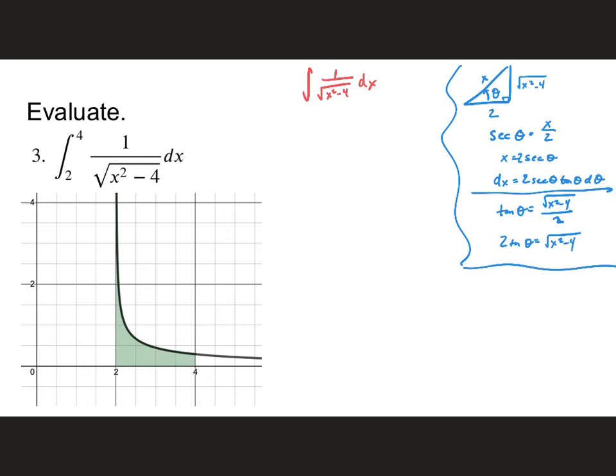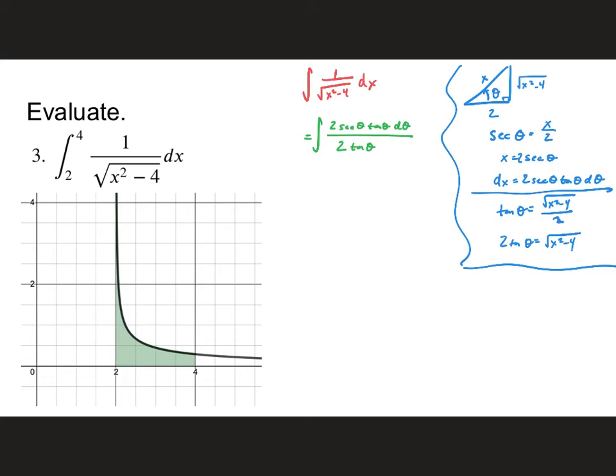So using that information, I will now rewrite my integral using my trig properties. I'll have the dx, and we know that dx is 2 secant theta tangent theta d theta over, and I know the square root of x squared minus 4 is 2 tangent theta.